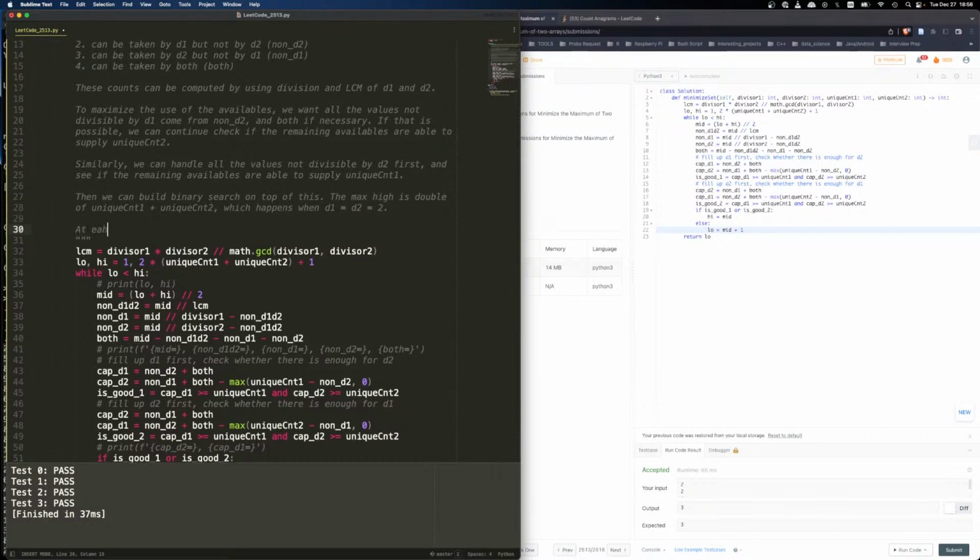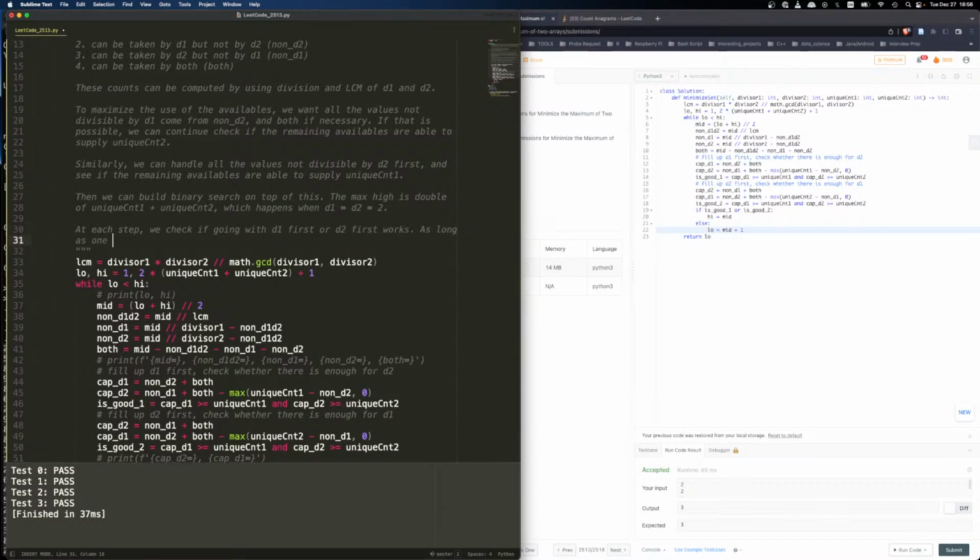And at each step, we check if going with D1 first or D2 first works. As long as one of them works, we can shrink. If neither works, we expand.